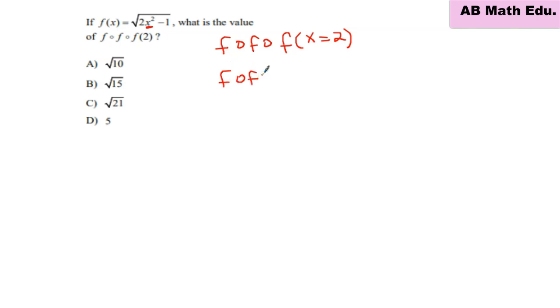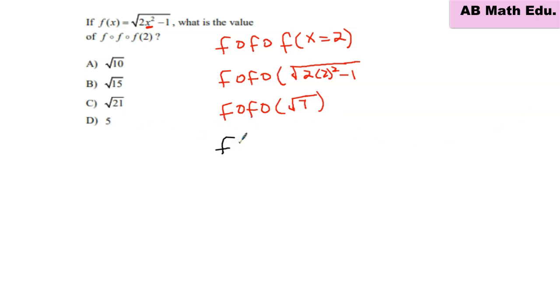f of 2, so here it's going to be root 2 times 2 squared minus 1. 2 squared is going to be 4, 4 times 2 is going to be 8, and then 8 minus 1 is going to be root 7. So now again, wherever we see x, we're going to replace it with the square root of 7.